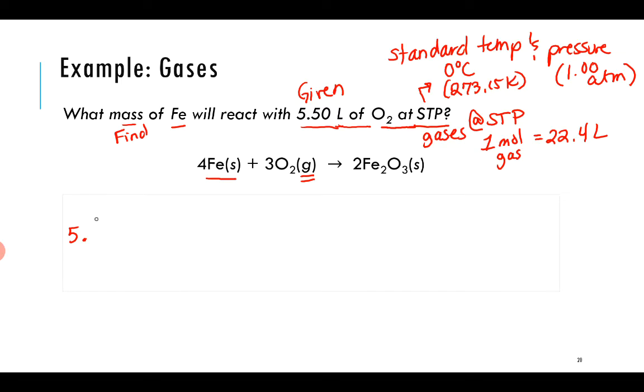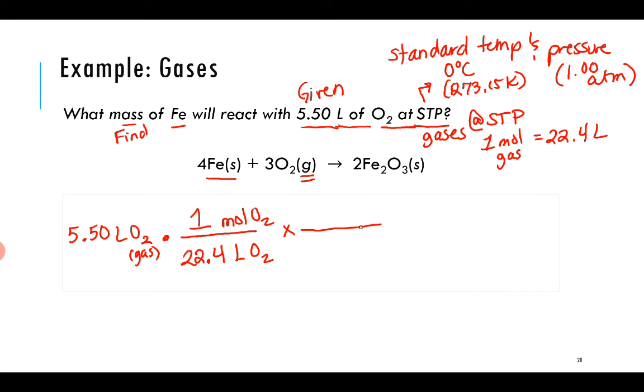Okay, we're trying to start with our liters of O2 gas. And then since we are at STP, I can cancel out my liters of O2 and I can get straight into moles of O2. So 1 mole of any gas occupies 22.4 liters of volume. Now I can cancel out my moles of O2 and I can get into moles of iron.